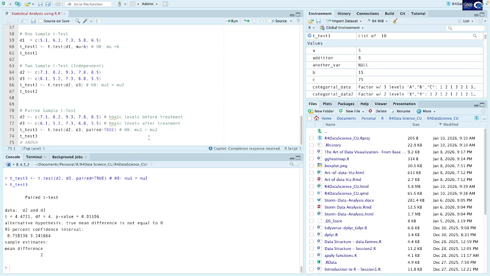We can also write this formula in this way as well, t.test, not mentioning paired equal to TRUE.